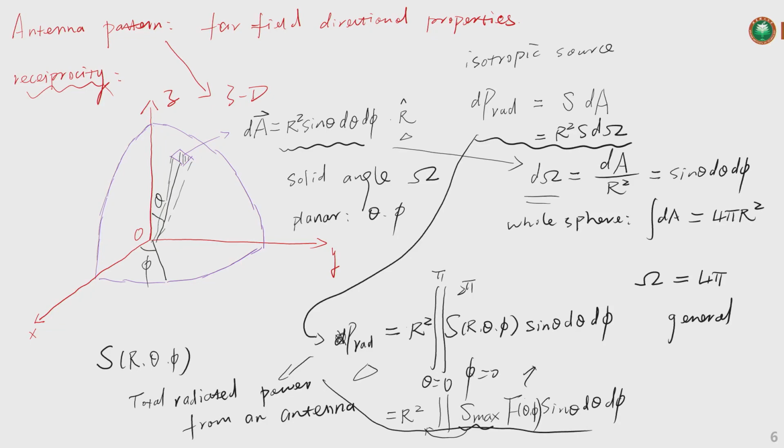When we take an actual beam pattern, for example, it has a much more obvious main lobe, like this one, and it has many side lobes and back lobes.